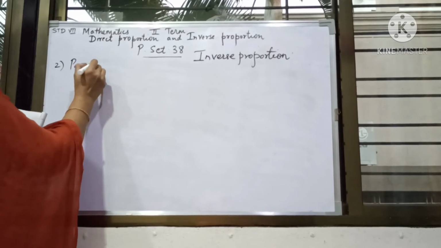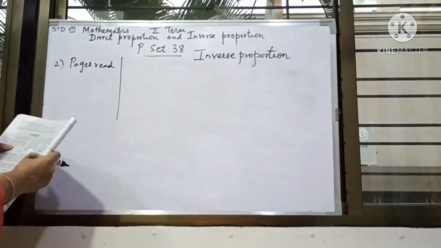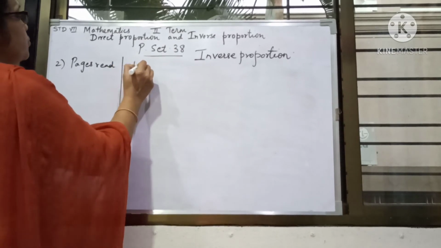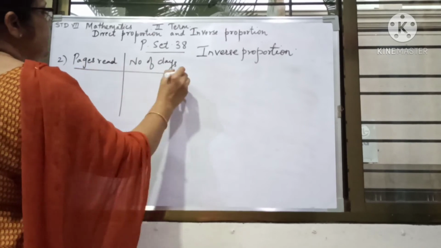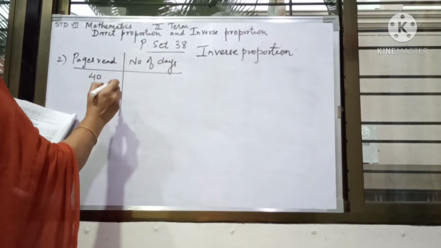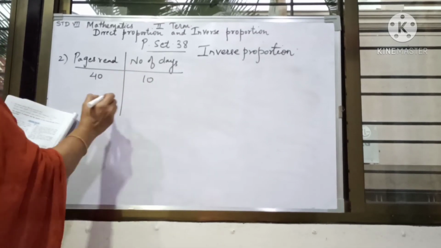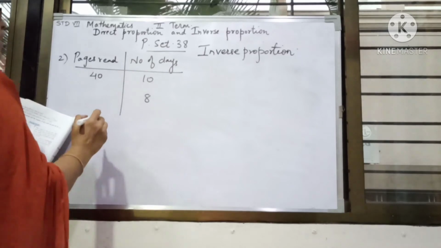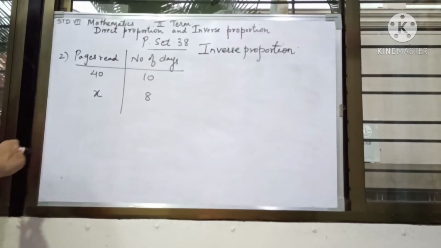So we will make the chart in this way. Pages read and number of days to read the book. So 40 pages he read in 10 days. So in 8 days he will read how many pages, that we have to find out.